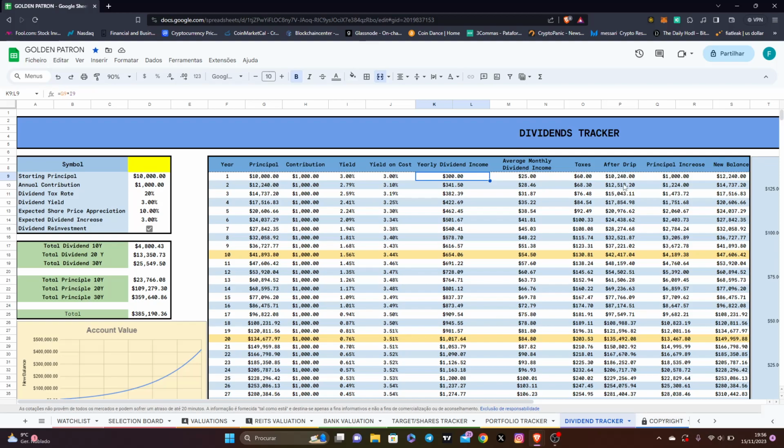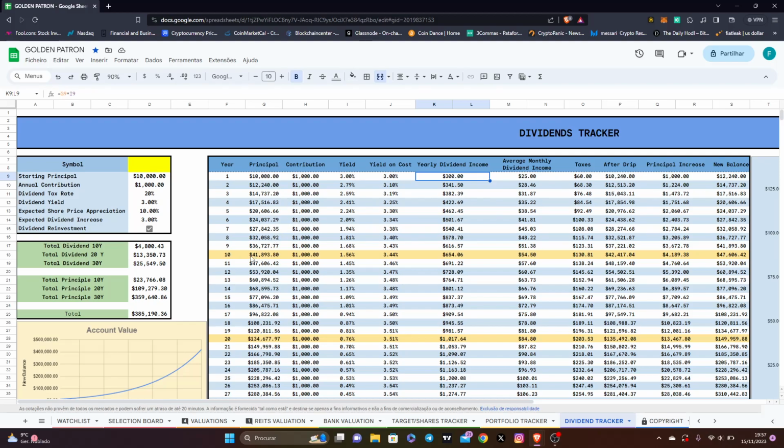Taxes would be $60, the DRIP would be $240, and the principal increase is $1,000. So the first year you don't see any increase. The new balance would come to $12,240. This takes us to the second year, repeating everything again, then the third year, and so on until 10 years.